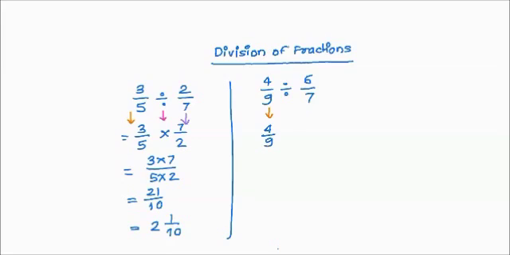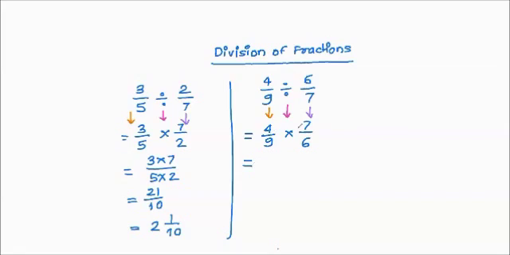Then we change the division sign into a multiplication sign. And finally, we take the reciprocal of our divisor. Now, what is the reciprocal of 6 upon 7? 7 goes up and 6 comes down. 7 upon 6.